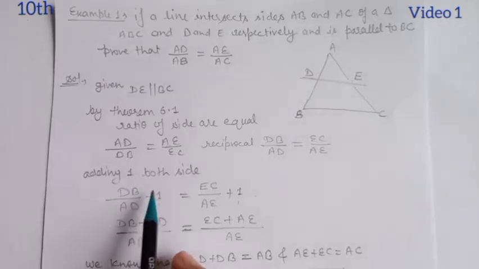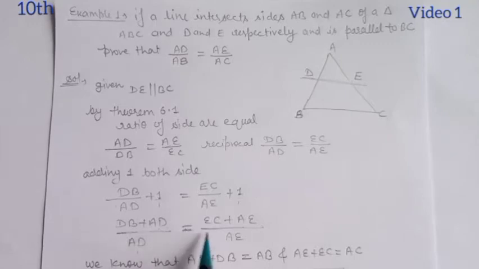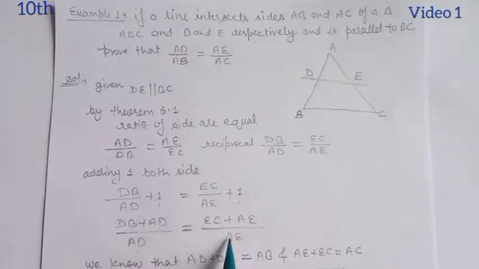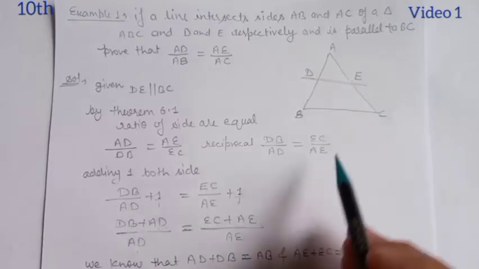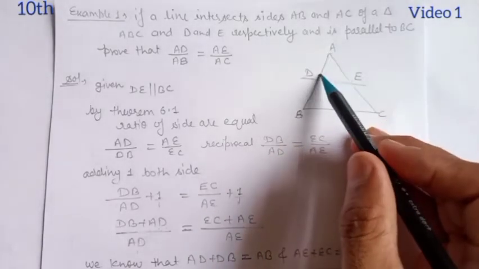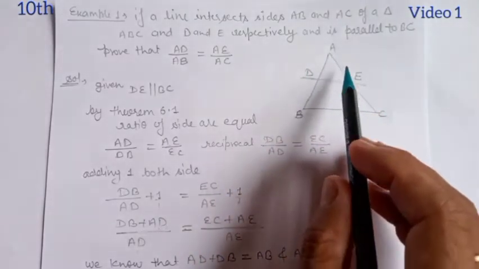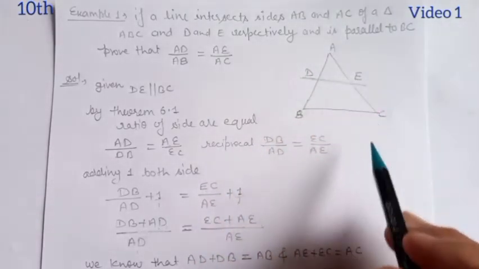DB is the same, and AD is multiplied in, so DB plus AD over AD. Similarly, on the right hand side, EC plus AE over AE. Now you know that the sum AD plus DB is equal to AB, and AE plus EC is equal to AC.